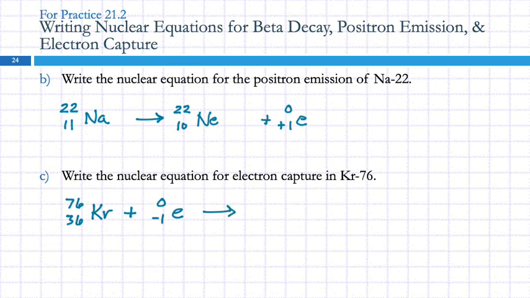So then we're going to add these up, get 76. 36 and -1 gives me 35. I think that's bromine. Yeah. Any questions? So there will definitely be questions on the exam over this material that give you a starting nuclide and a type of emission, and you have to write the equation.